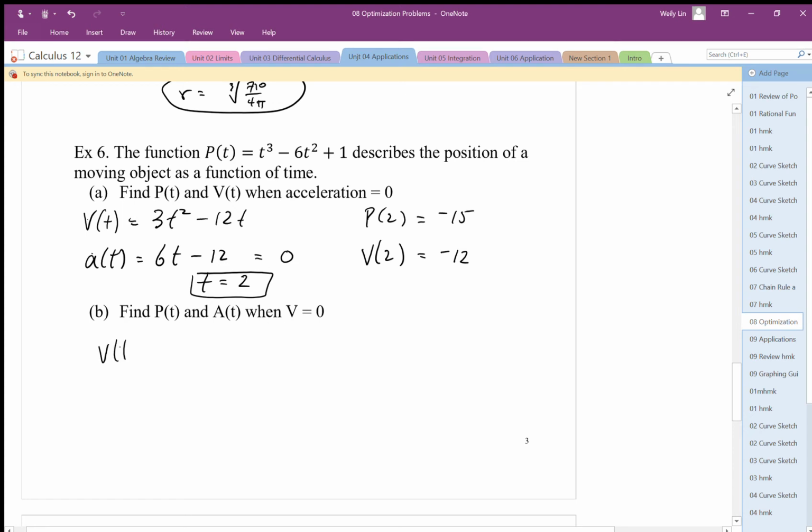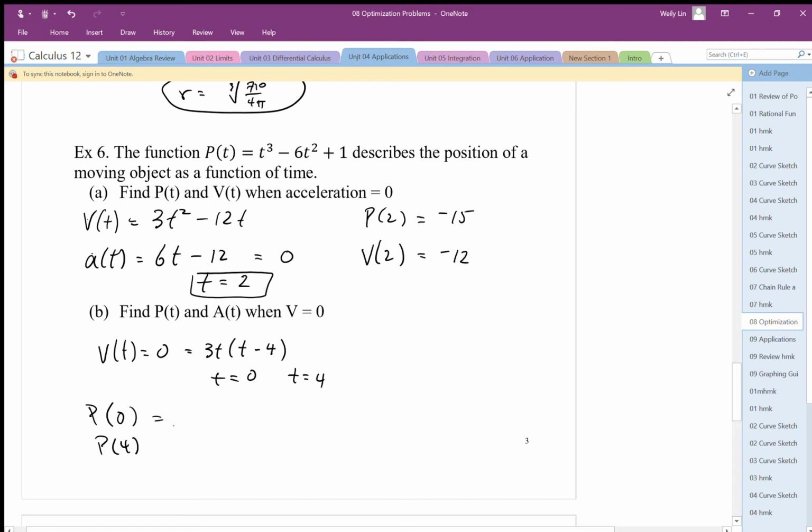So when v of t is equal to 0, I solve that quadratic equation. I'm going to factor out my 3t. That's when v is equal to 0: when t is equal to 0, or when t is equal to 4 seconds. Okay, so then find p of 0 and p of 4.